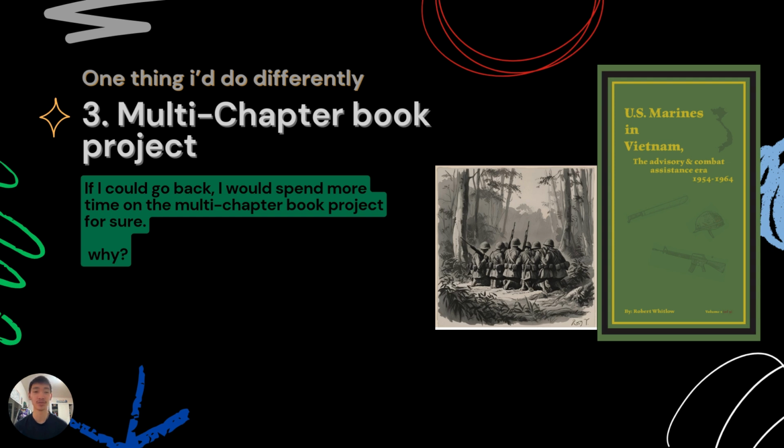One thing I would do differently, if I could go back, is spend more time on the multi-chapter book project because I was working on this last minute, not gonna lie, so I wasn't able to follow through at my own pace.